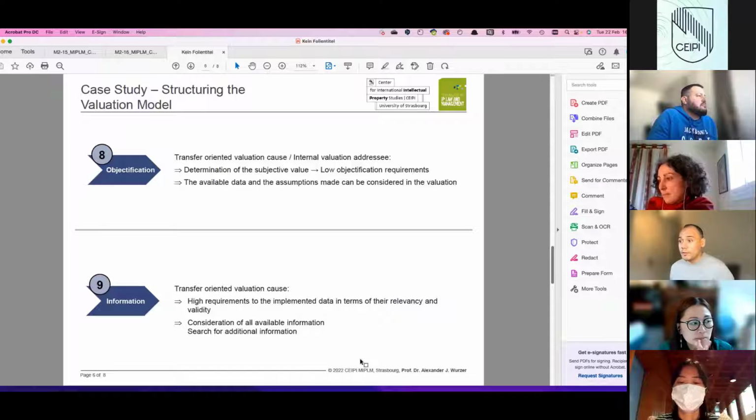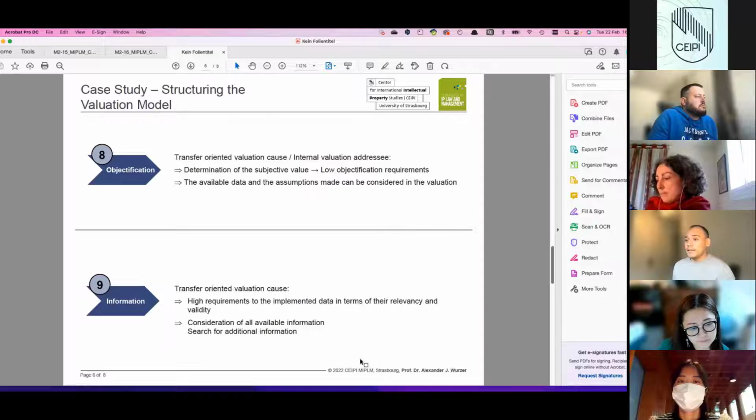According to the information that we got during the class, what matters here is the determination of the subjective value, which means that the objectification requirements are naturally lower. Because of this, all the available data and all the assumptions that are part of the analysis process should also be considered in the valuation analysis.